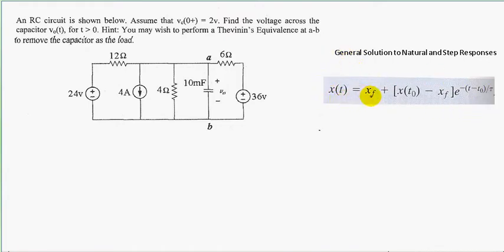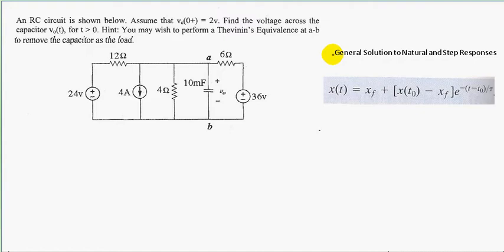It's the final variable plus the initial variable minus the final variable, times e to the minus t over tau. Notice that in this equation we have an RC circuit. In an RC circuit, we want to find the voltage across capacitors and currents through inductors.